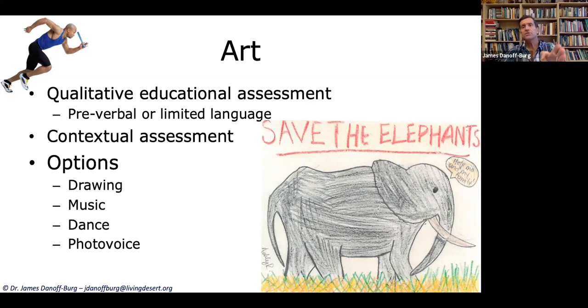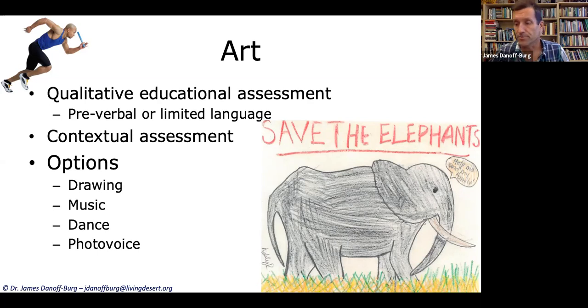So how could you go about with these, any of these, drawing, music, dance, photo voice, taking pictures? There's probably others that you could come up with as well. How could you use art to assess some aspect of your question, of your research project? Take a minute, pause the video, and we'll get started again.